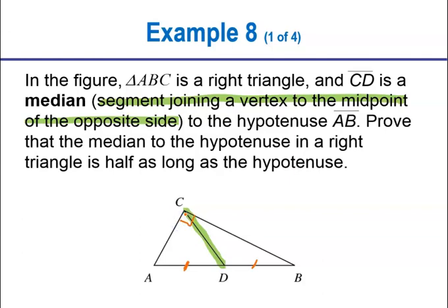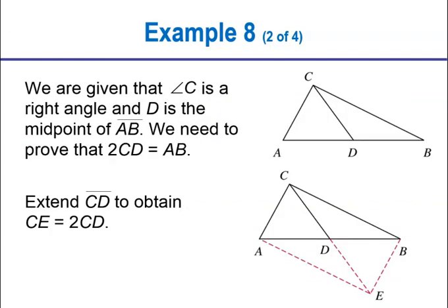Now, here's what they want us to do. They want us to prove that the median to the hypotenuse in a right triangle is half as long as the hypotenuse. So they're saying my green highlighted line is half as long as this line over here, AB. Let's see if we can follow along with their proof. Whenever you're trying to conduct a proof on your own, or even follow a proof, you need to know what you're trying to do. So they set it up for us.